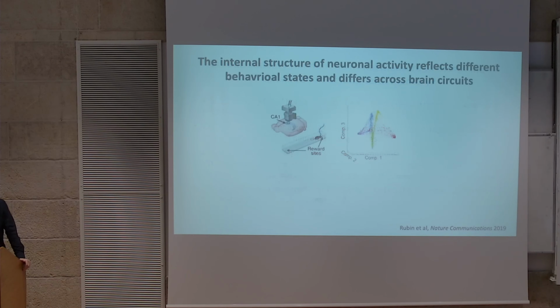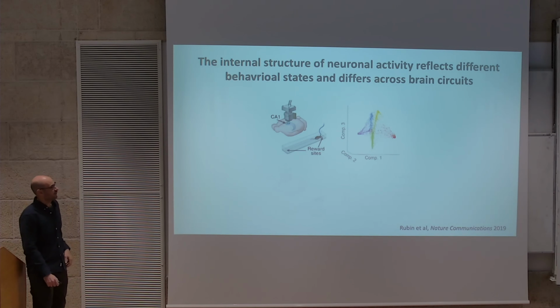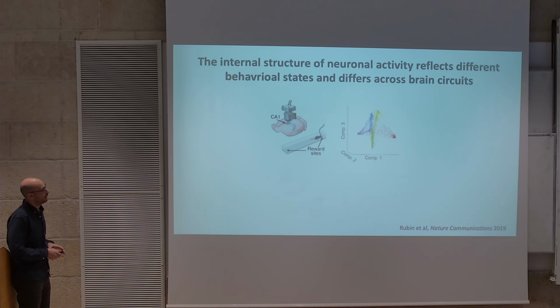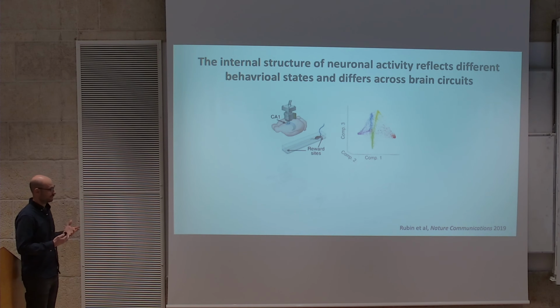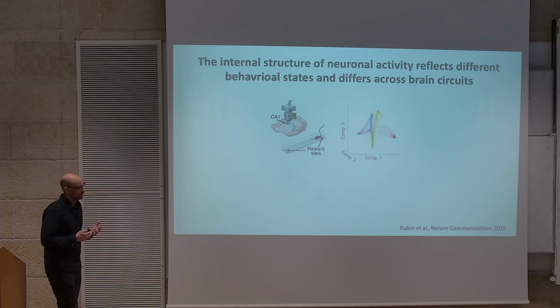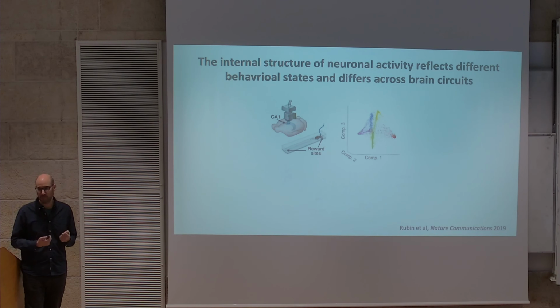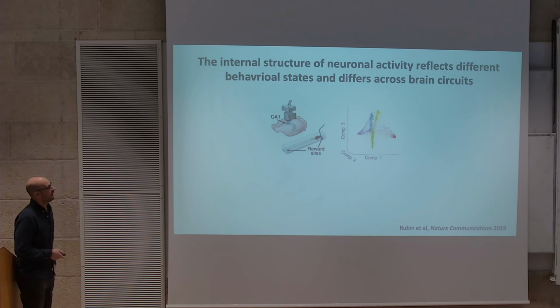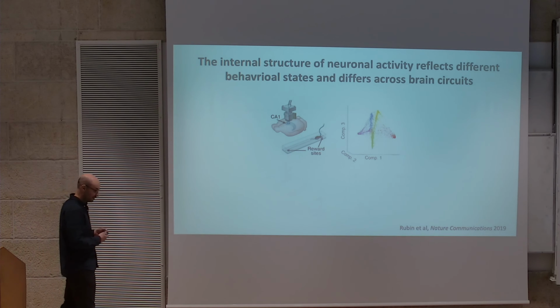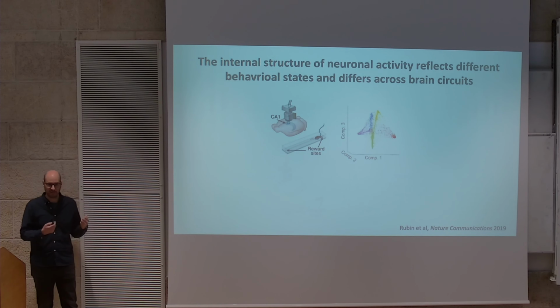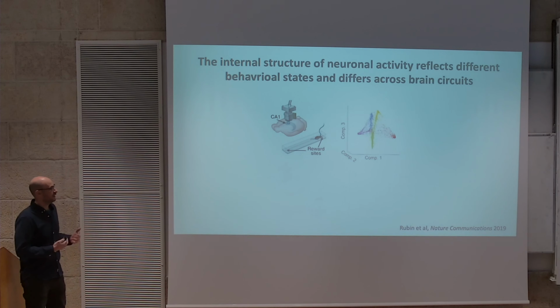So Alon Geva in the lab developed a few years ago a new way to analyze neuronal population activity data. And I don't have time to dwell into all the details, but what these methods show is that you can quantify and characterize the structure of similarities between neuronal activity patterns, and the structure can be used to infer key properties of the internal representation, including reconstruction of the behavior itself.